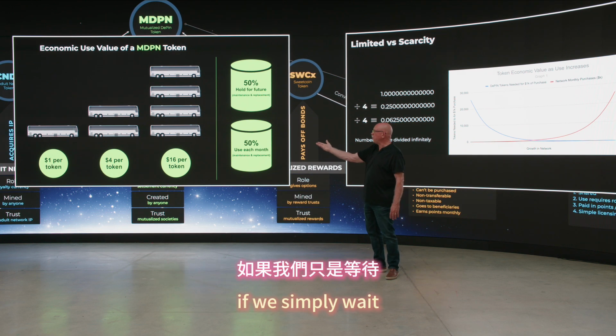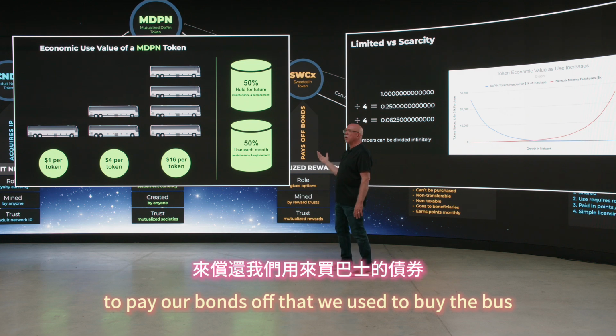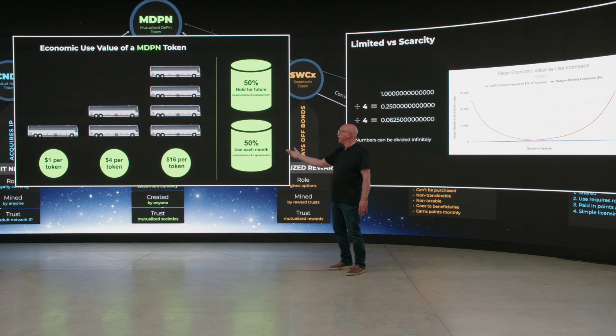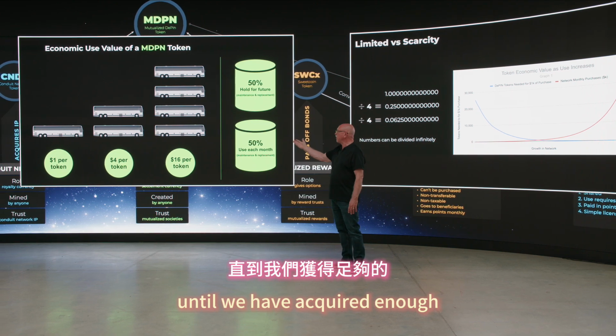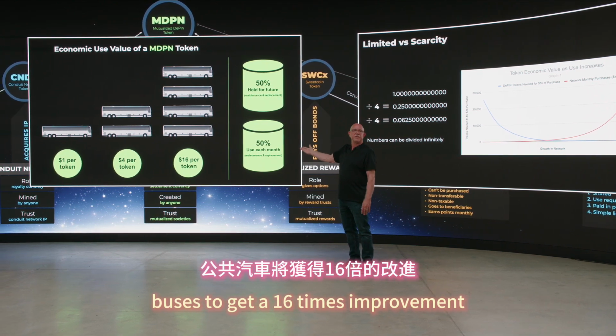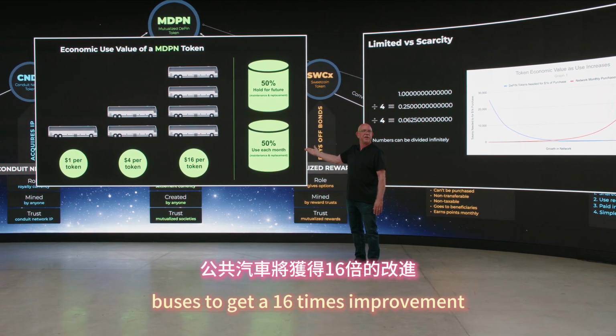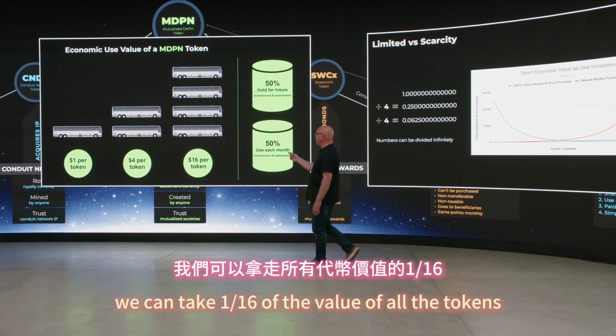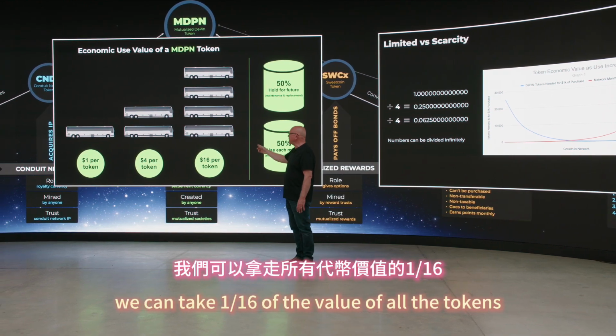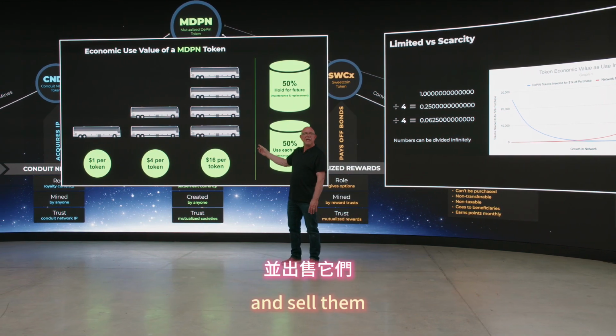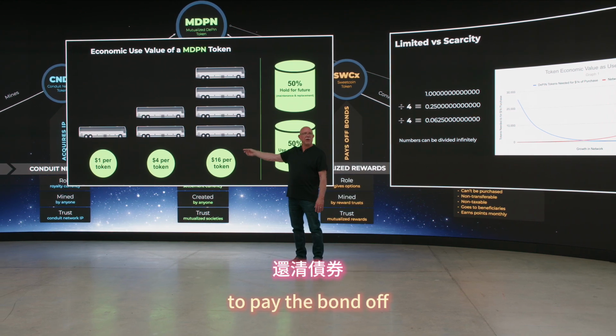If we simply wait to pay off the bonds that we used to buy the bus in the first place until we have acquired enough buses to get a 16 times improvement in value, we can take 1/16 of the value of all the tokens and sell them to pay the bond off.